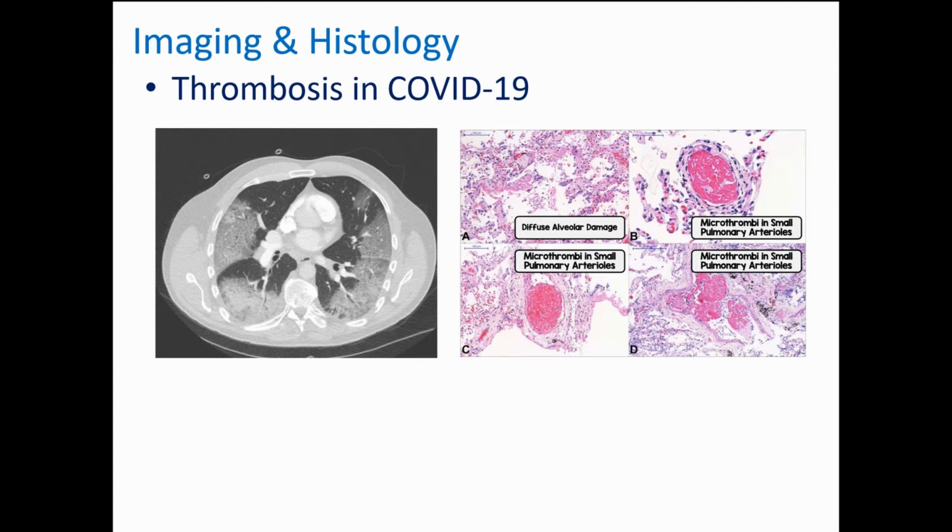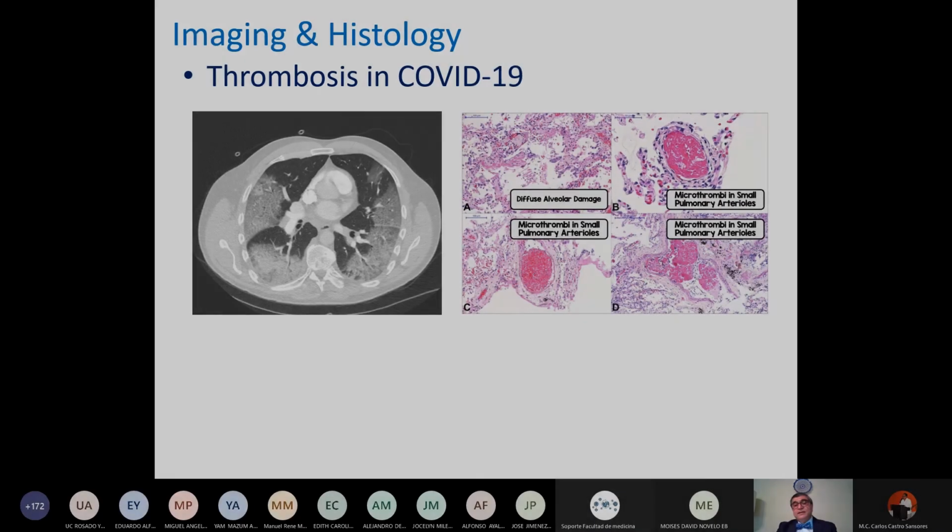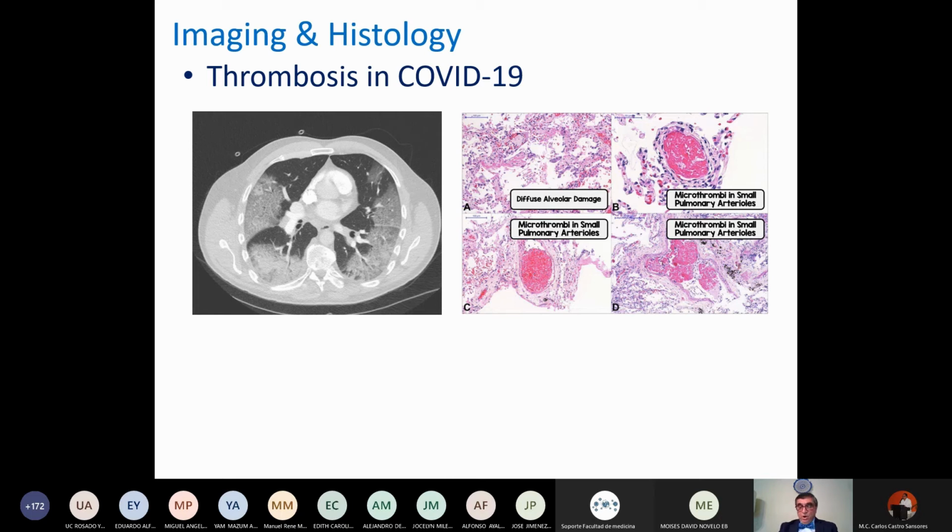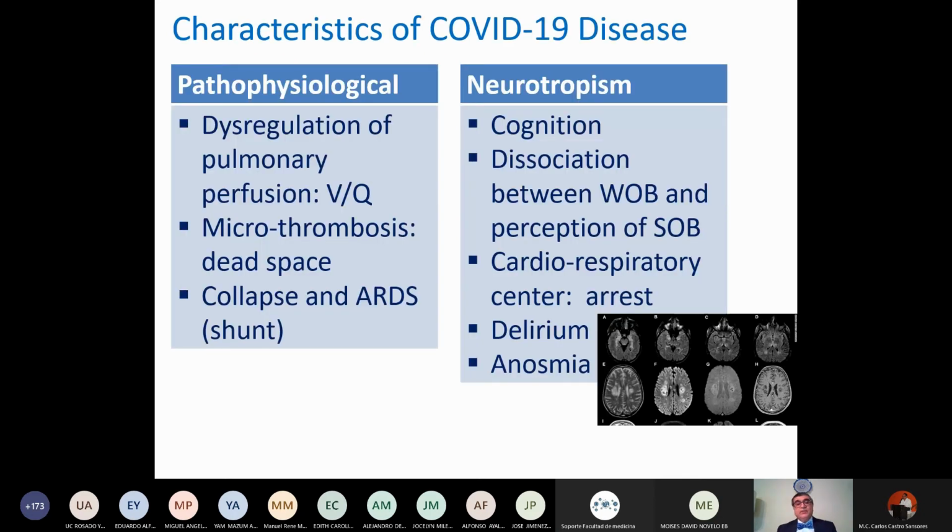The other one would be formation of thrombi. Okay, this is one thrombus formation. These are multiple, we call them thrombi. So classically, histopathologically speaking, diffuse alveolar damage and formation of microthrombi are 2 histopathological characteristics. So where do we go?